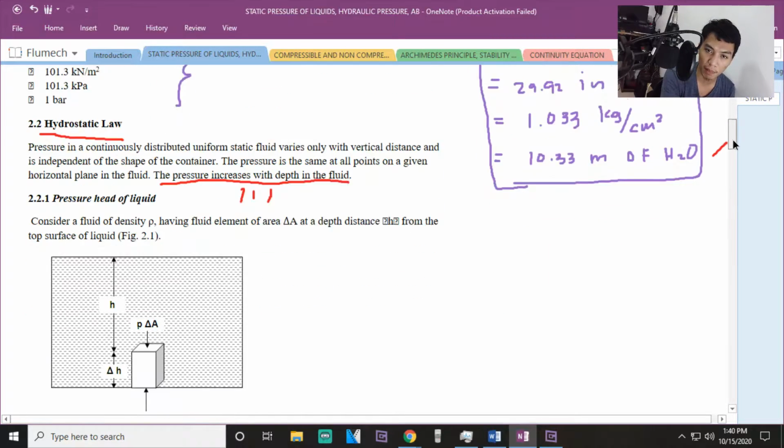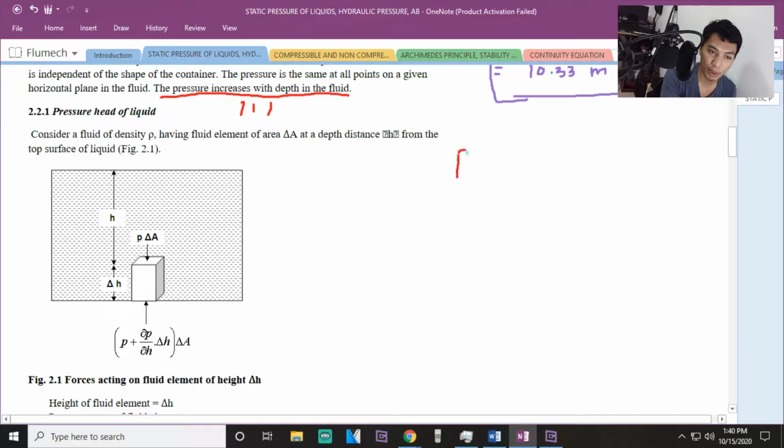Yan yung sinasabi ko. That if pressure is equal to the force over area, ngayon, hindi naman natin madidetermine to. Okay? Pero yung fluid kasi natin, it takes up the space. Kaya, pwede itong yung specific weight ng iyong fluid multiplied by the height or the depth ng fluid mo.